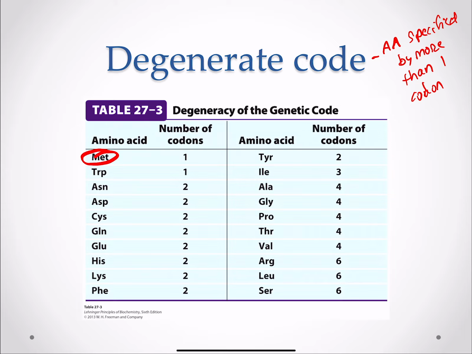It has only one codon, whereas you have serine over here that has 6 codons. So different amino acids have a different number of codons available. Important to note that each codon only specifies one amino acid. And there are 64 possible codons.